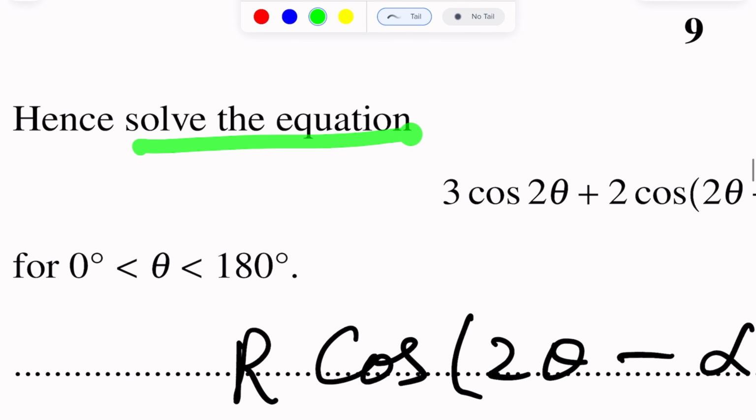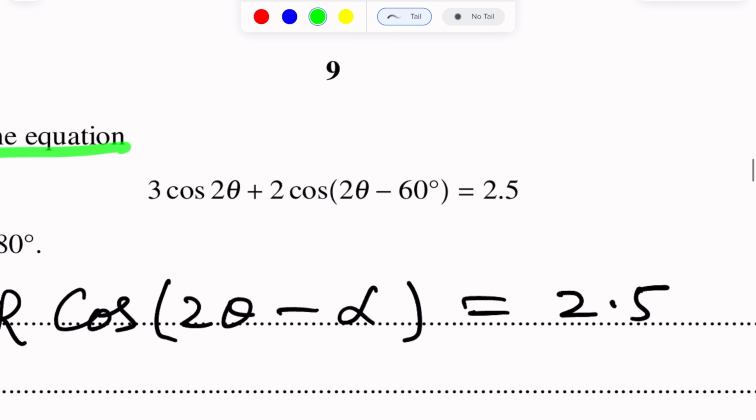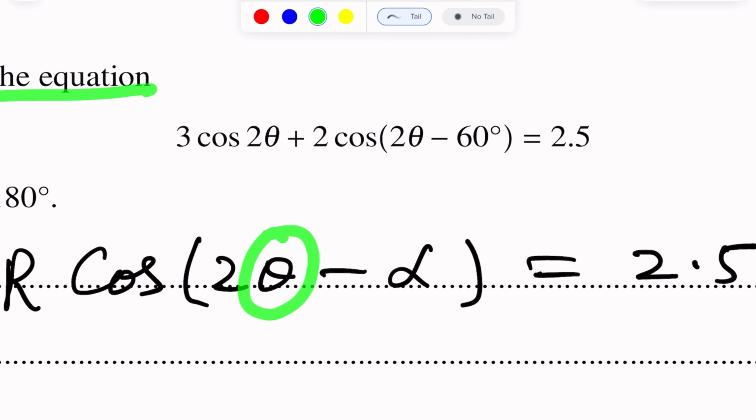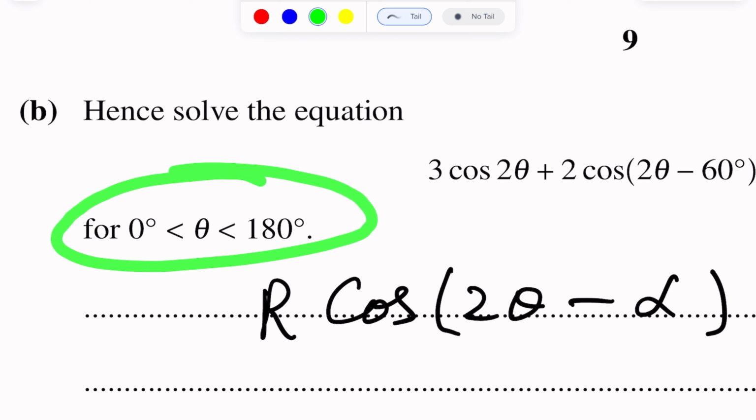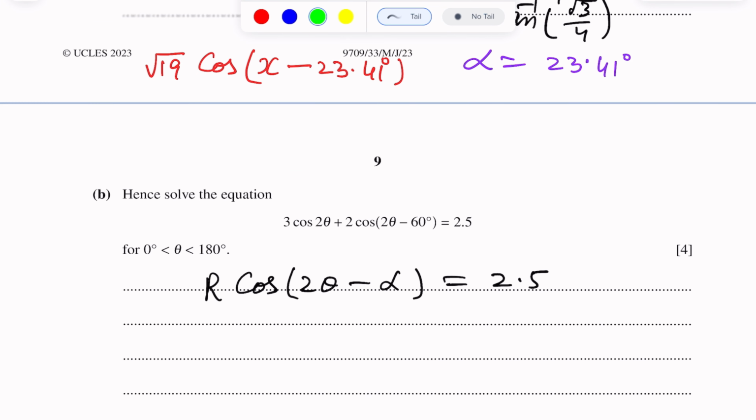Now we have to solve the equation. Solve means we will find the values of the variable. The variable in the question is theta. We will find the values of theta in the given interval, which is 0 to 180 degrees.